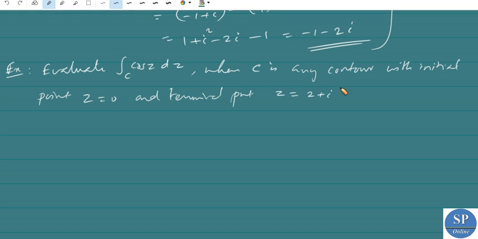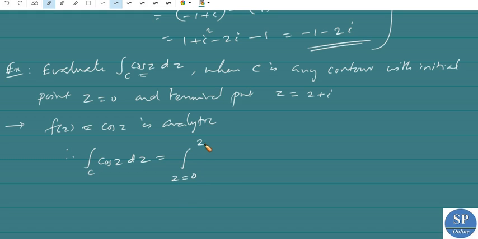Here also we have the function f of z equal to cos z. So cos z is analytic everywhere in the complex plane. So the integral over C of cos z dz is nothing but the integral from z equal to 0 to 2 plus i of cos z dz, which is sin z from 0 to 2 plus i.